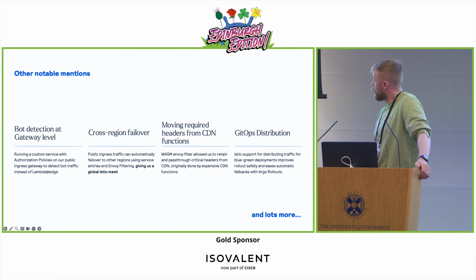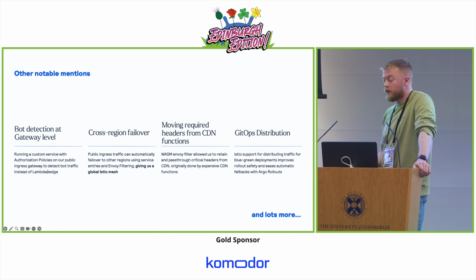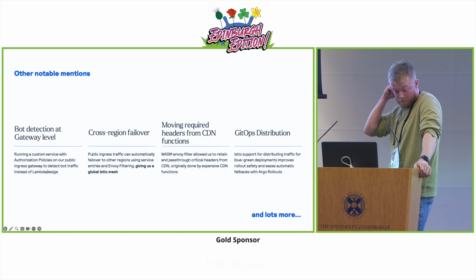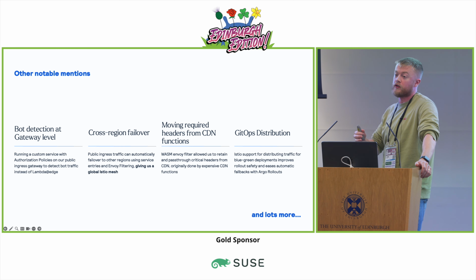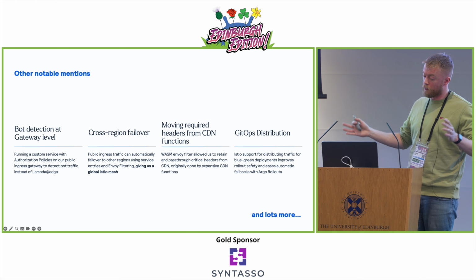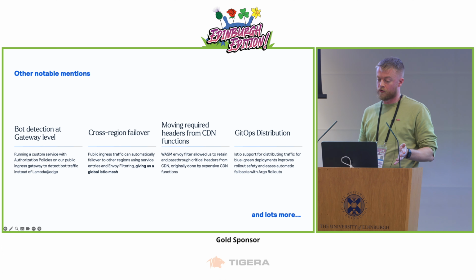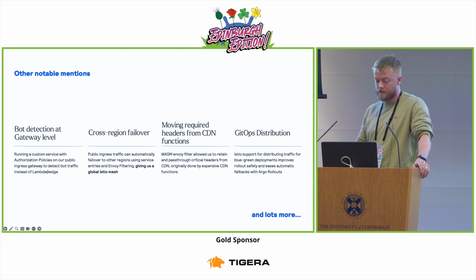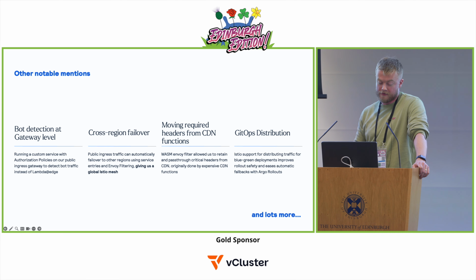GitOps is something we've been rolling out over the last couple of years, and Istio is fully supported with Argo Rollouts. So Argo Rollouts essentially selects canary pods and stable pods, and it will do that whole transition for you for a new deployment. It does it all behind the scenes for you with a virtual service and destination rules. Very nice. And lots more. We've done a lot more, but this list is definitely not comprehensive.